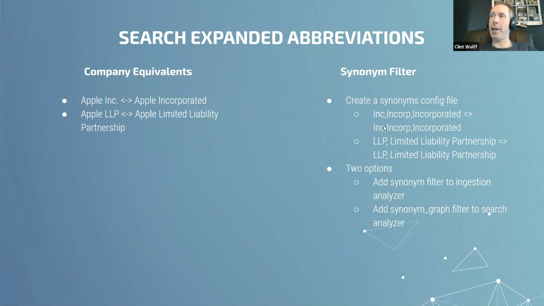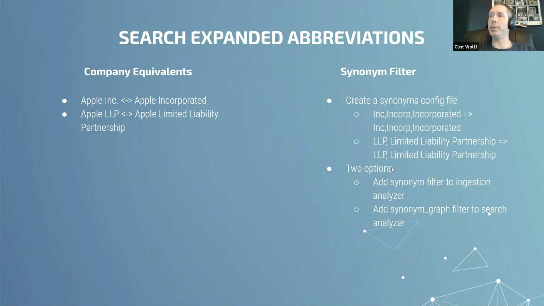So if I have my synonyms filter applied on the ingestion side, if a document comes in with Inc, it's going to automatically index Inc, Incorp, and Incorporated also. Similarly, if it comes in with Incorporated, it will automatically index Inc, Incorp, and Incorporated. Same thing with LLP, Limited Liability Partnership.